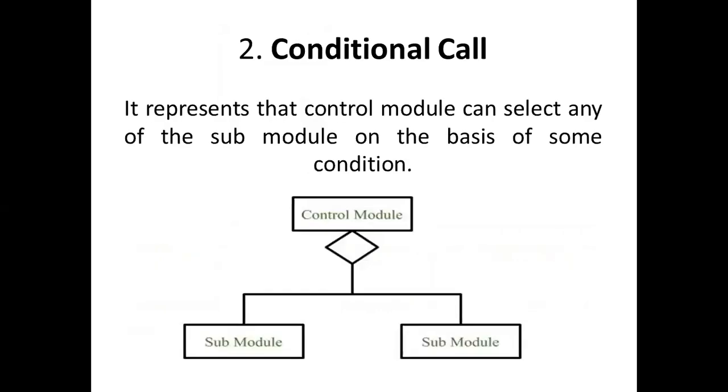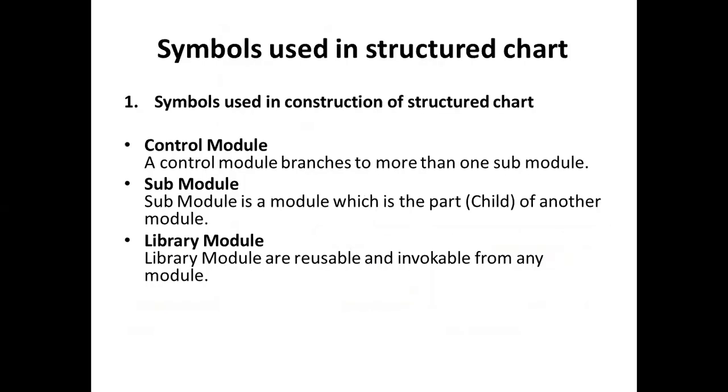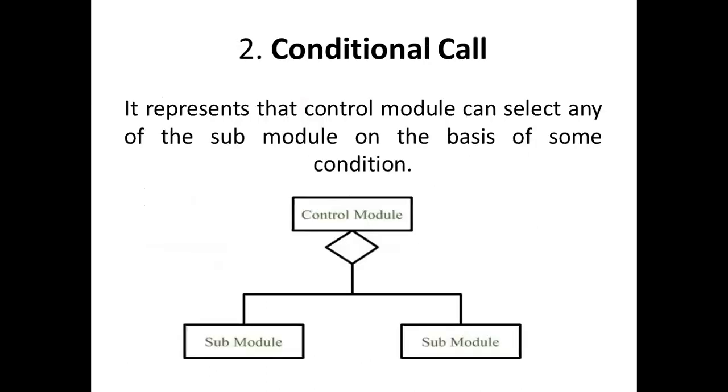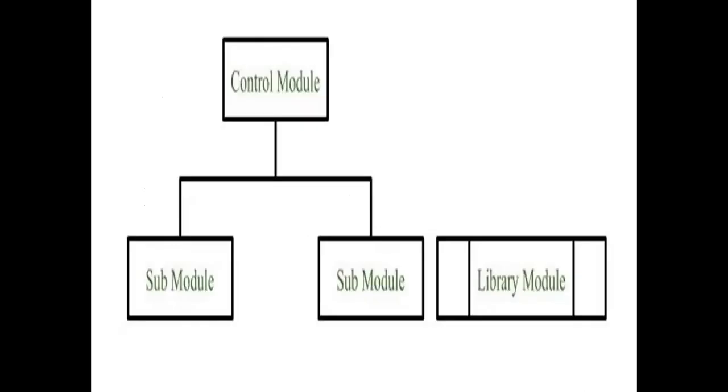Now another is called the conditional call. This is the first one among the symbols used in construction of the structure chart, and here is the conditional call after the control module.